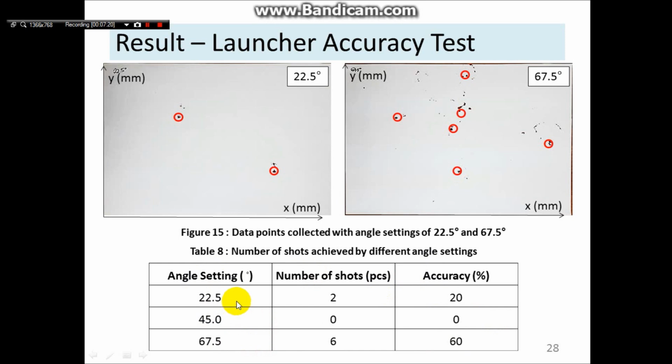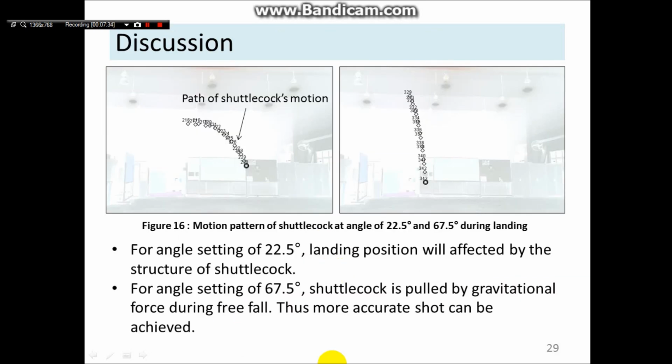As we can see, the accuracy for the angle setting of 22.5 degrees is 20%, while 67.5 degrees achieves an accuracy of 60%. So why does it happen? These two figures show the motion pattern of the shuttlecock at these two angles. For an angle setting of 22.5 degrees, the landing position will be affected by the structure of the shuttlecock.